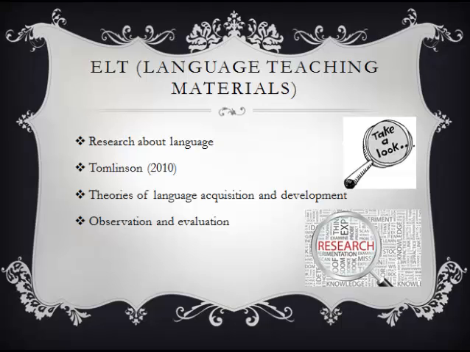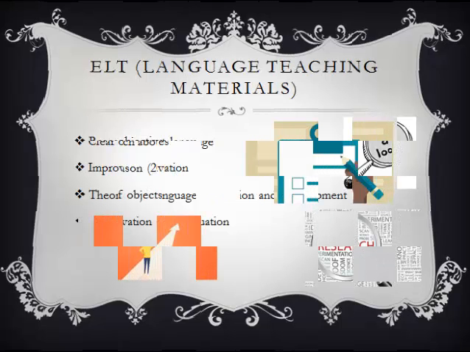Those are, as Tomlinson points out, theories of language acquisition and development, principles of teaching, our current knowledge of how the target language is actually used, and the results of systematic observation and evaluation of materials in use.